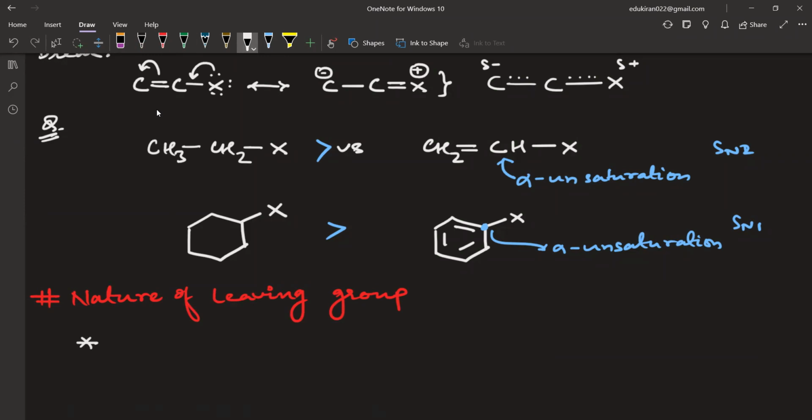Whenever you have to compare the leaving group, you have to see the overall charge bearing capacity. If it can easily bear the charge, then it is going to show faster Sn1 and Sn2. It is right.